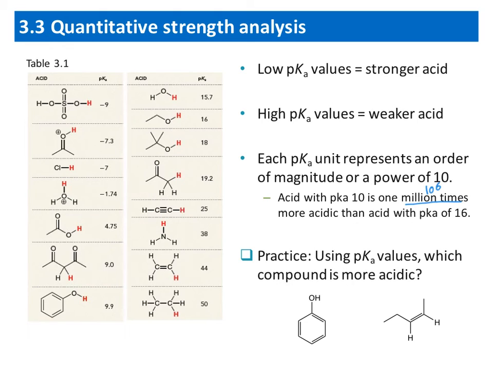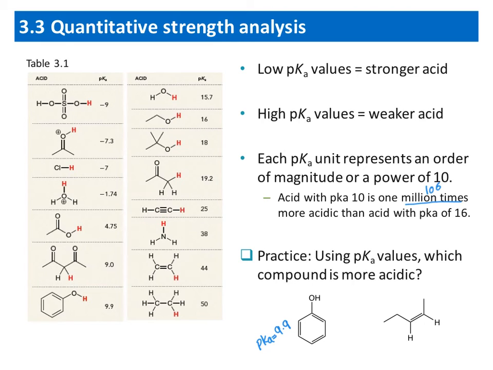Now, as a practice, look at these two structures, compare them using the pKa values, and decide which one is more acidic. So if you find phenol in this table, phenol has the pKa of 9.9.